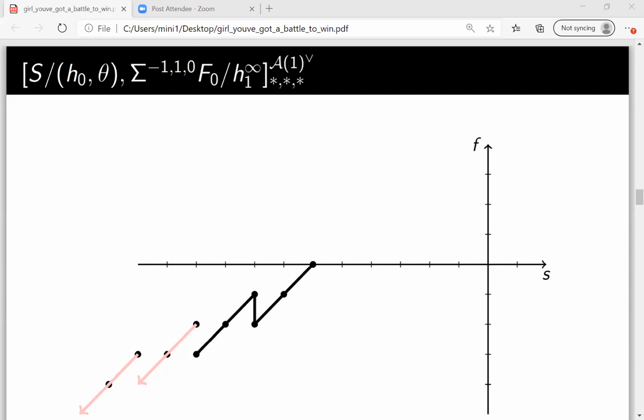Well, f greater than 0. Great. Okay, so how do we move from A1 dual to A dual? That's a huge gap, right?